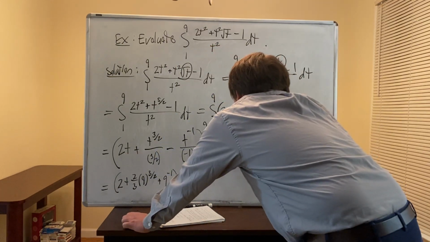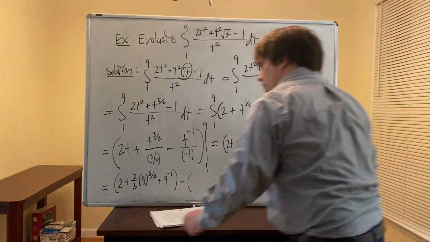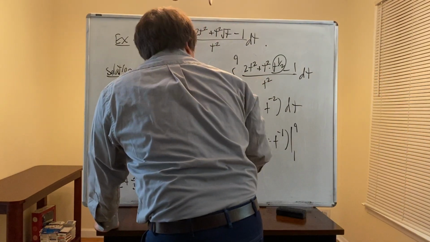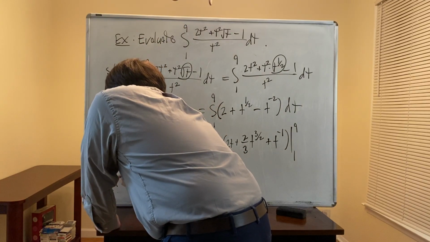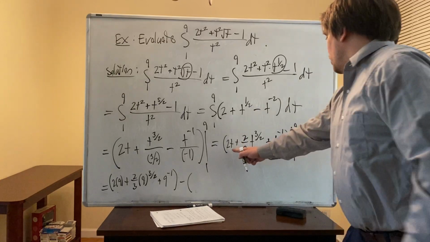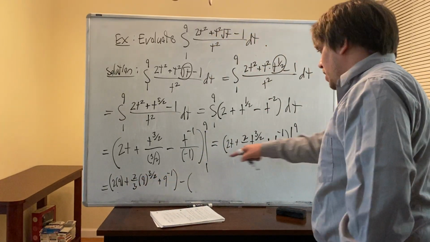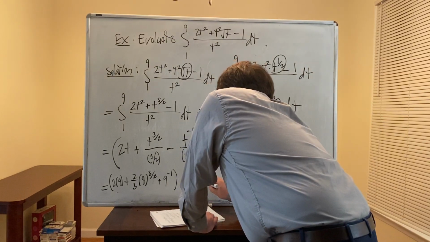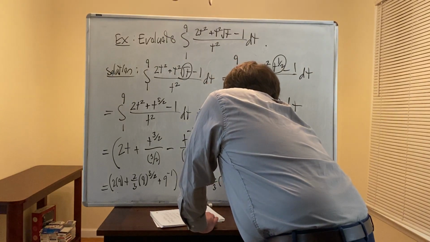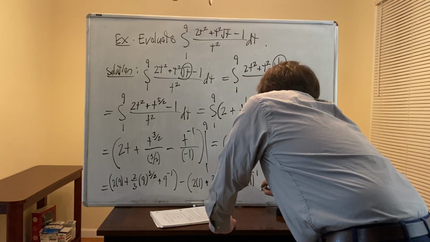Sorry, it's a t and it's a plus. Here it's 2 times 9 plus 2/3 times 9 to the 3/2 plus 9 to the -1, minus the expression for t equals 1: 2 times 1 plus 2/3 times 1 to the 3/2 plus 1 to the -1.